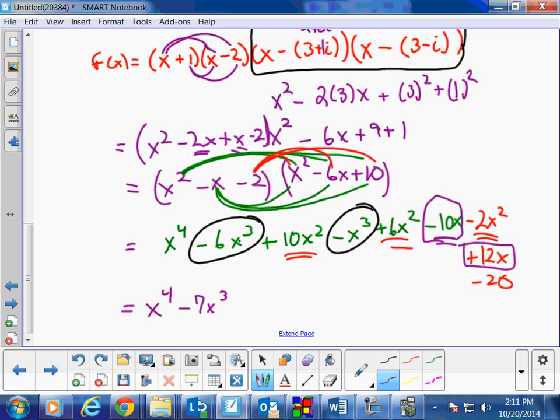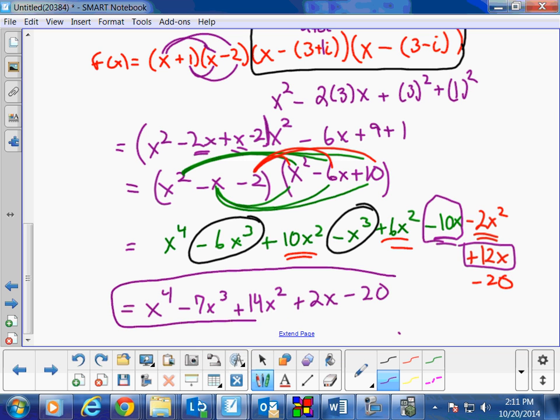Okay, I got 10, 16, and, hold on, yes, 10, 16, and then 14, so I get plus 14x squared. And then my x terms are the two boxed ones, so I end up with 2x minus 20. And there's my polynomial, formed from everything that I just did.